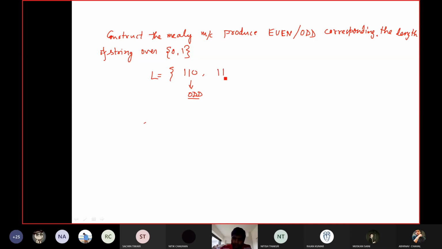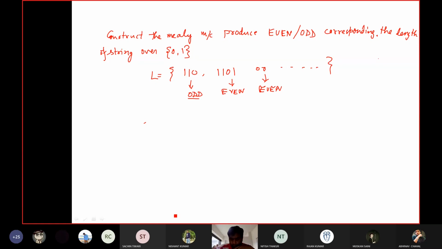While in the case of 1 1 0 1, the length is 4, an even length string, so the output becomes even. What should the last output be? Even. Clear this point? So many strings are there, and corresponding to that you have to get the last output as even or odd.